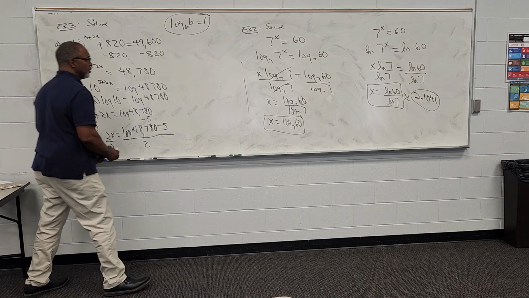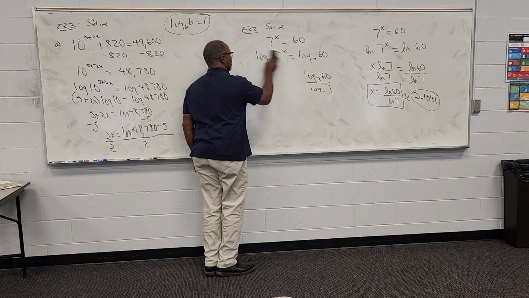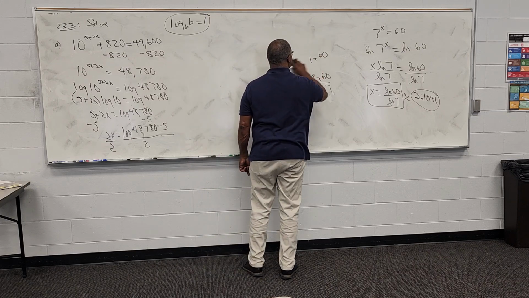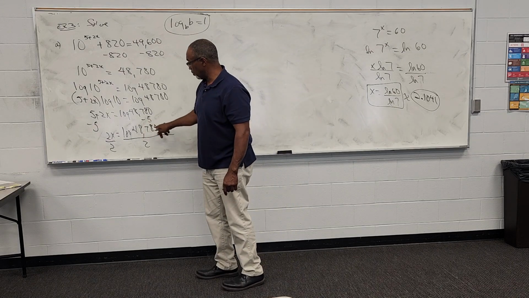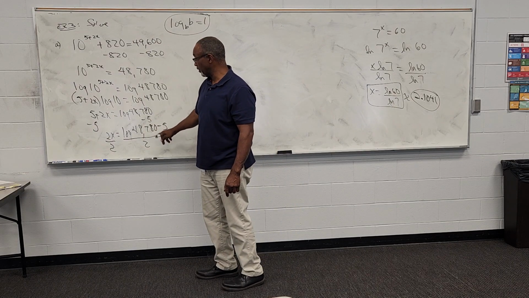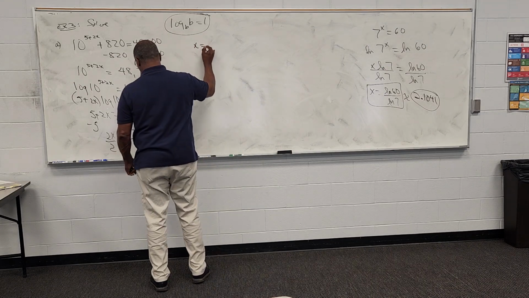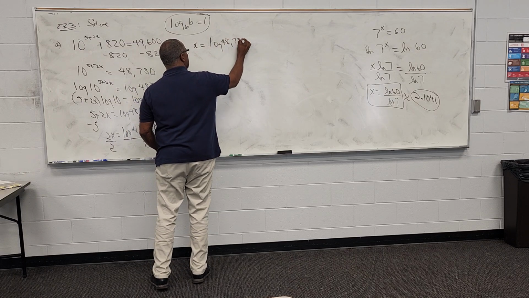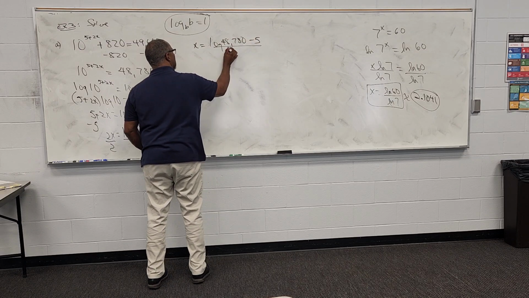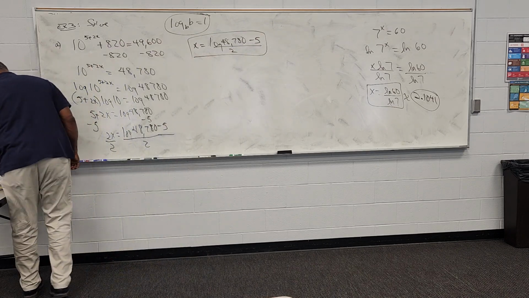I can't subtract those because they're taking the log of 48,780. That 48,780 is tied up as the argument of the log. So I cannot subtract 5 from 48,780. That was wrong. So x equals log 48,780 minus 5, all over 2. There's your exact answer.